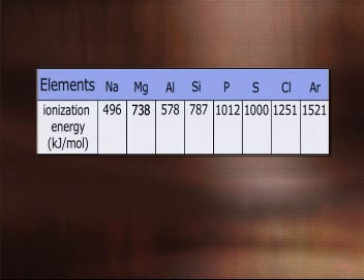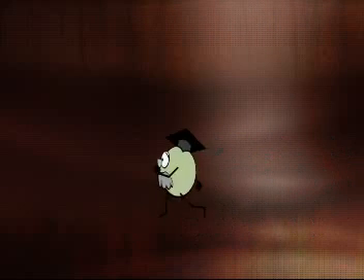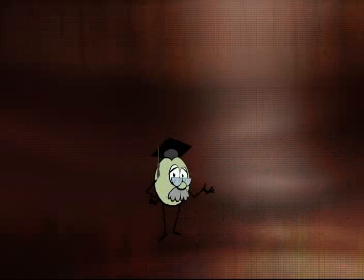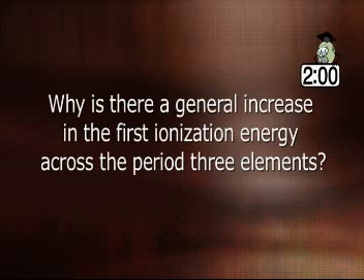As you can see, there is a general increase in the first ionization energy across the period, from sodium to argon. Students, why do you think that is? Students, let's get ready. Begin.